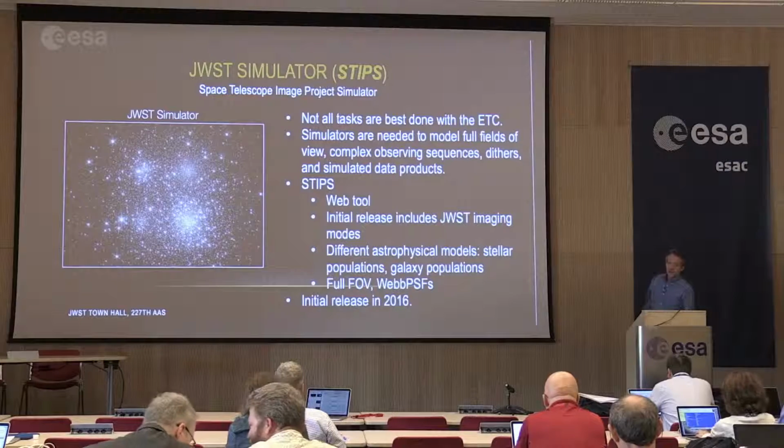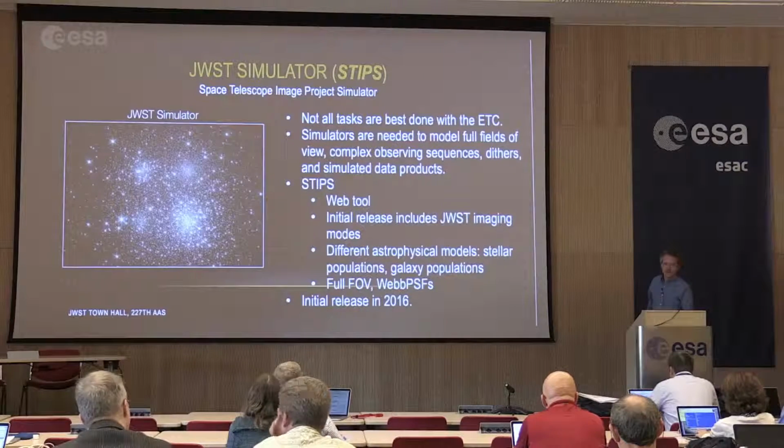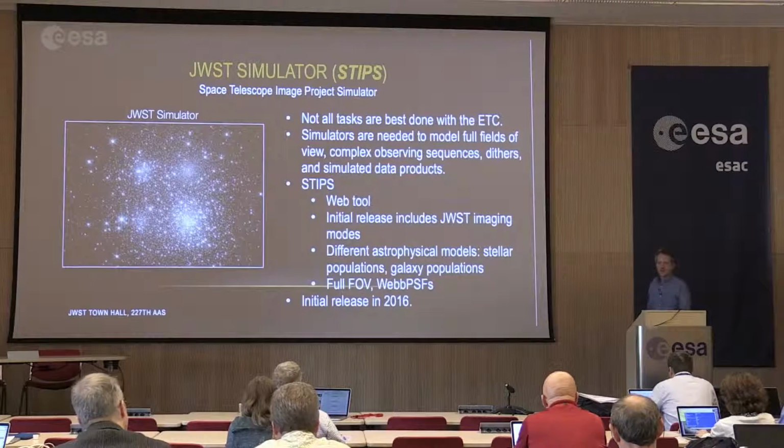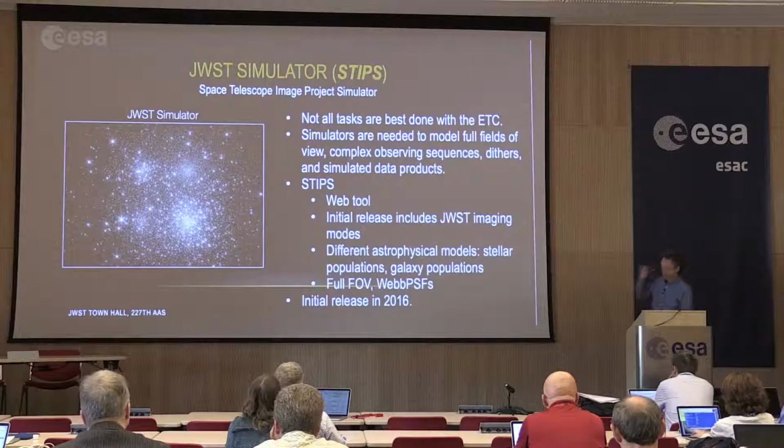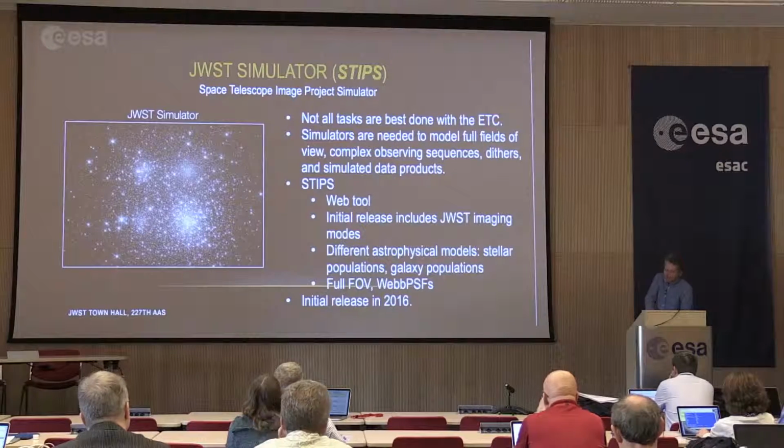It's not a high fidelity simulator, so I don't think it has the image distortion in it, but it does use the web PSF tool, and so it gives you a sense of what the star fields, what data might look like. So that will be helpful for visualizing what sorts of things will be possible.